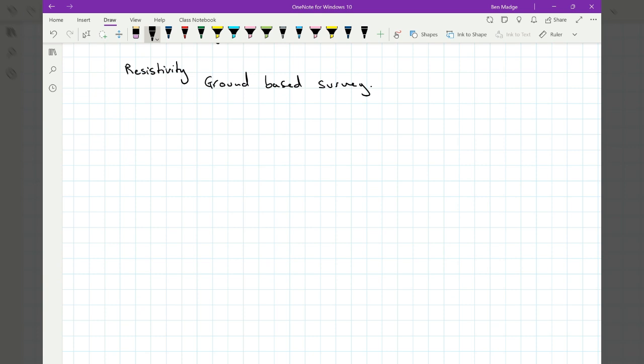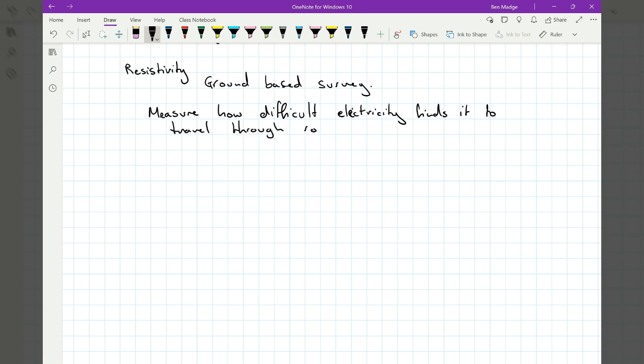So we measure how difficult electricity finds it to travel through rocks.